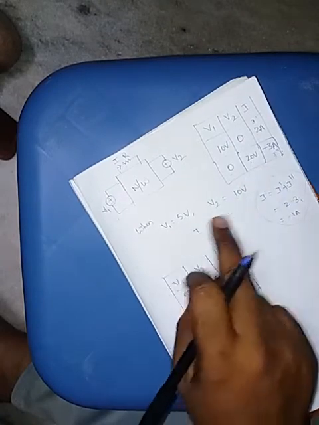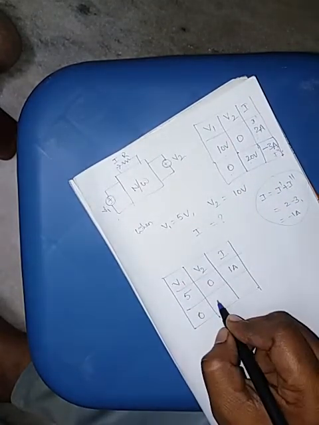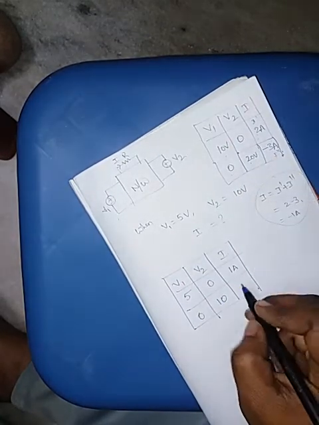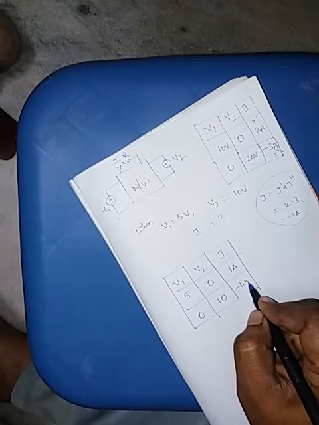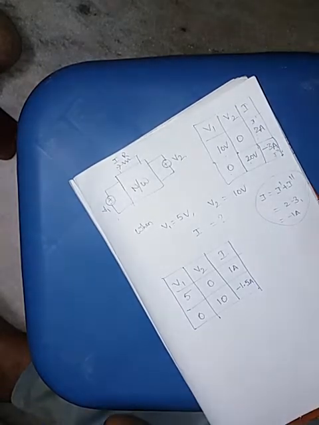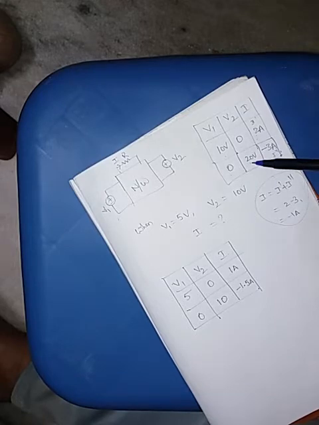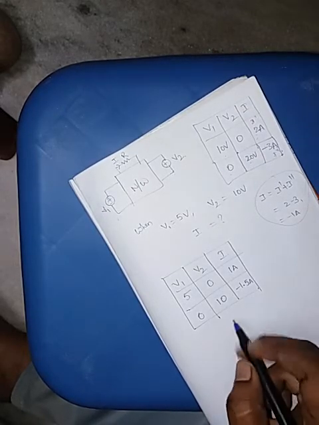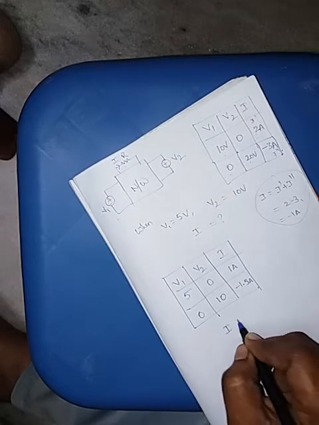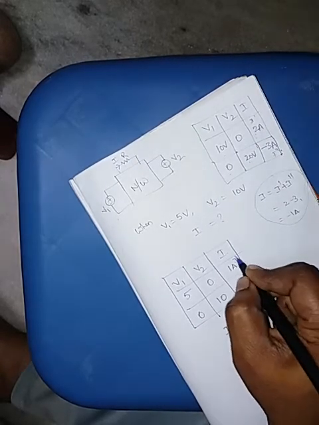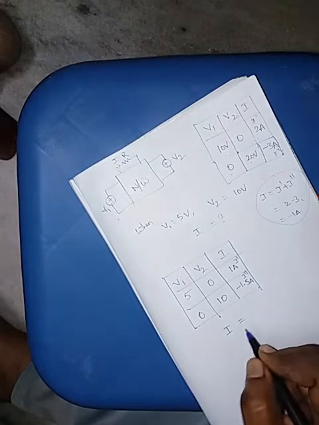Now V1 is 0, V2 is 20. In the place of 20, we have 10. Therefore, this is minus 1.5 amperes. As the voltage reduced to half, the current also reduced to half. So now what is the total current? Let this be I dash, and here it is I double dash.